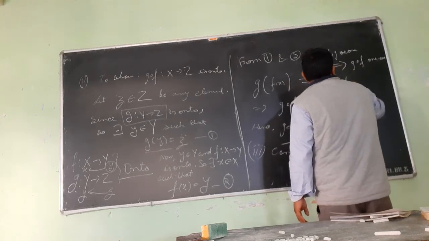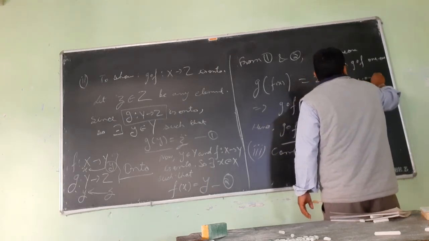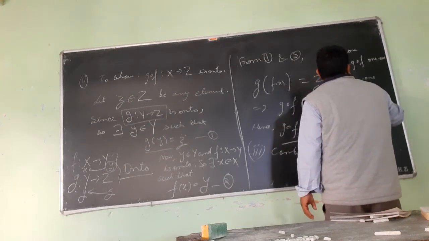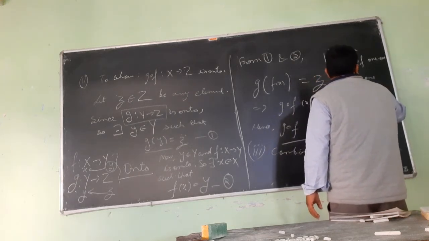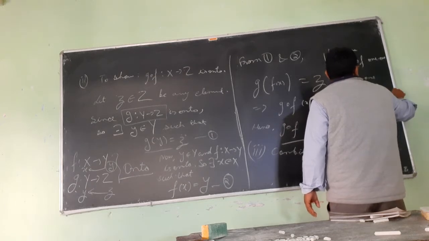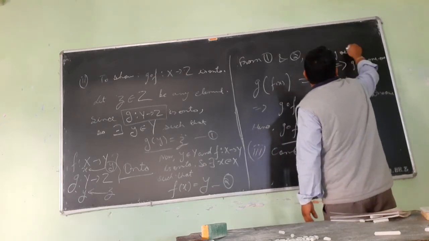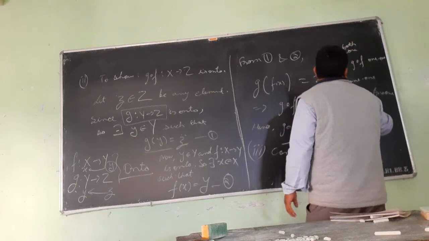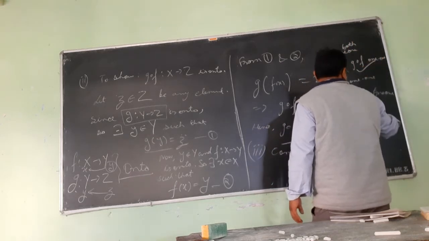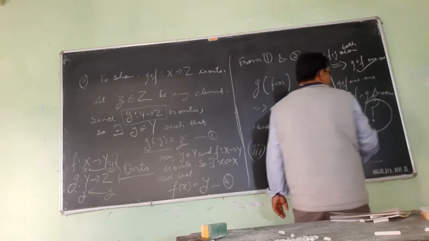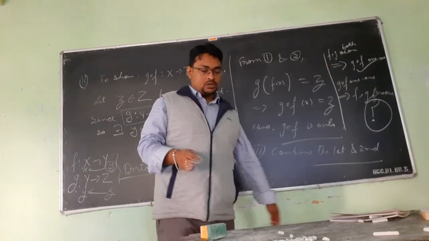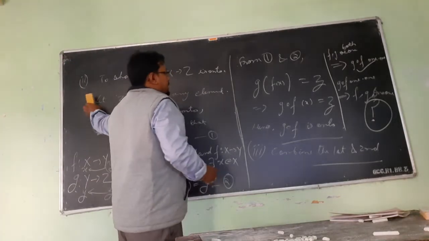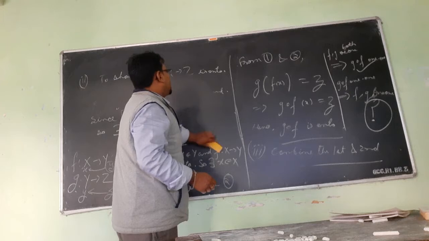If I have gof one-one, can I say that f, g are both one-one? Here it requires that both should be one-one. Can I say that this is true? gof is one-one. Can I say that f and g are both one-one?